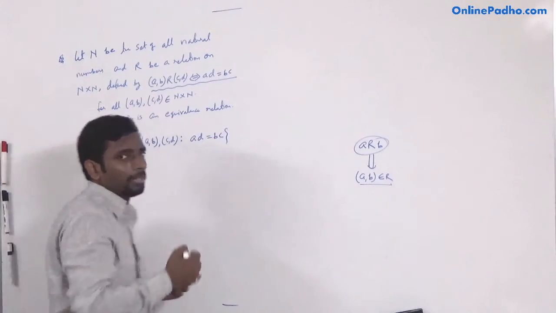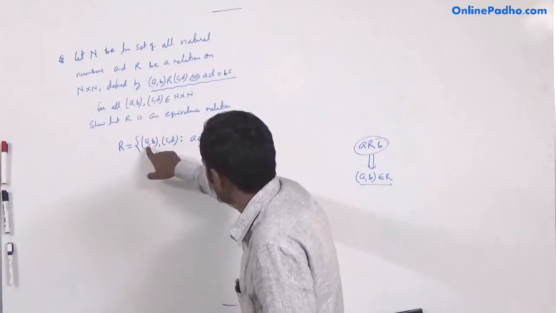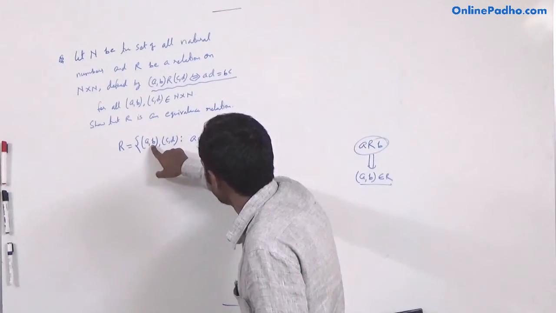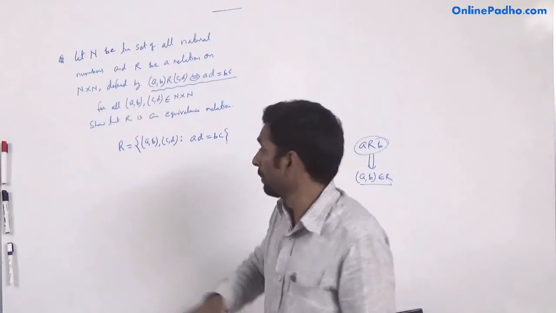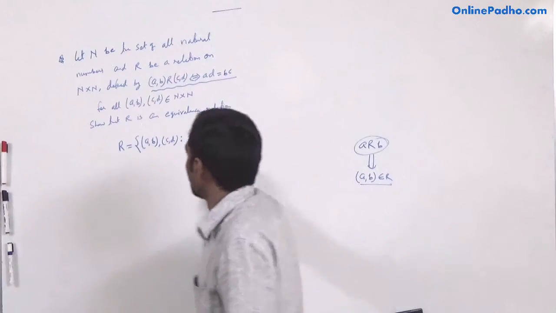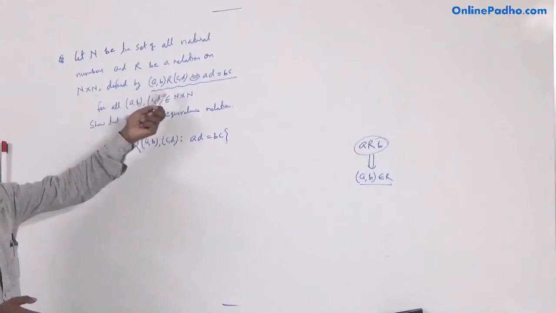What do we mean by ad is equal to bc for natural numbers? First multiplied by last is equal to second multiplied by third. That means ad is equal to bc, right? In this case, now we have to prove this is an equivalence relation on natural numbers.